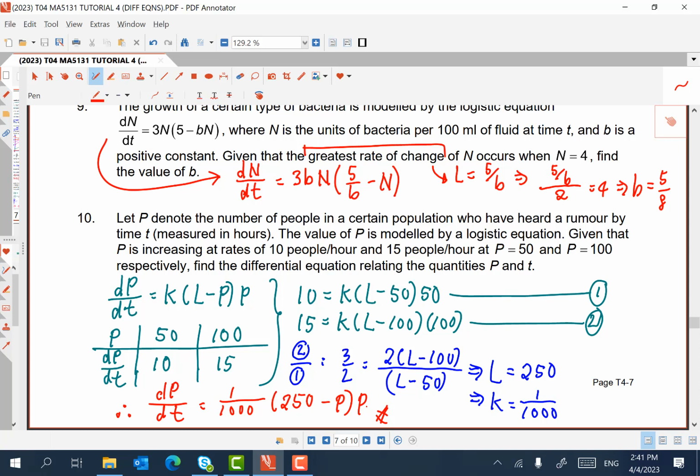Okay, that was number 10. So if you have tried it ahead of time, you find that actually it's not that bad, it's quite alright, these 3 questions. And these 3 questions are a good wrap up of the logistic model.